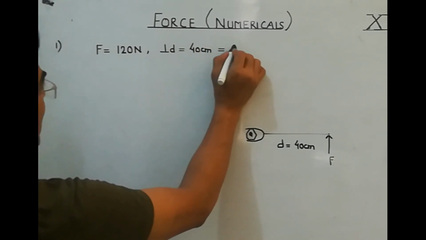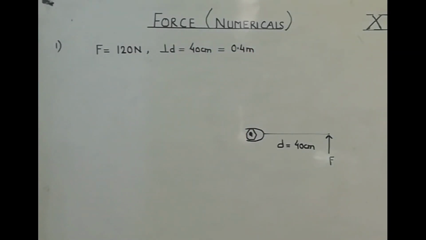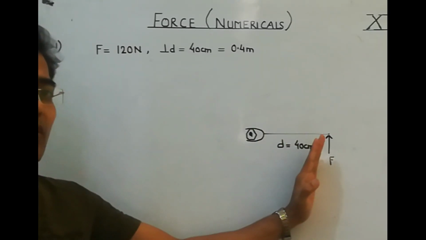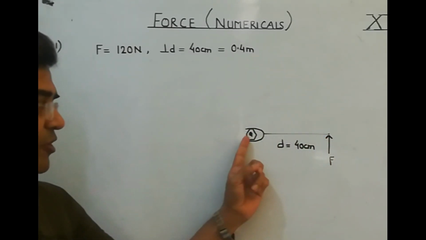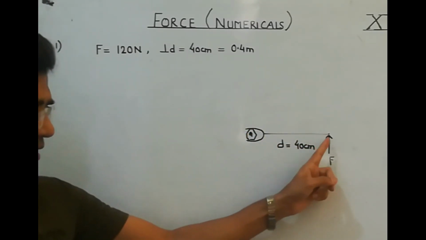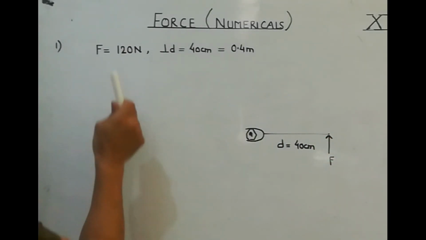This information is given to us in the first statement: a mechanic can open a nut by applying a force of 120 Newton while using a lever handle of length. Now whatever will be the length of the lever handle, that will be the perpendicular distance of force from the axis of rotation. Now this is the axis of rotation and here you will be applying the force at the end of the handle. So from here what can be calculated?